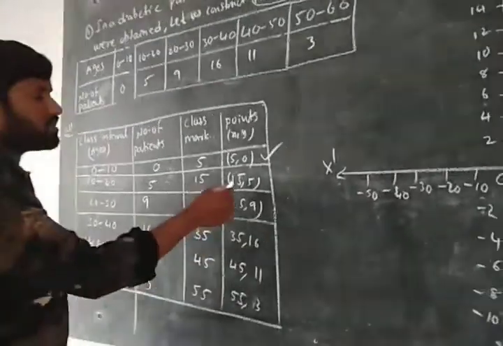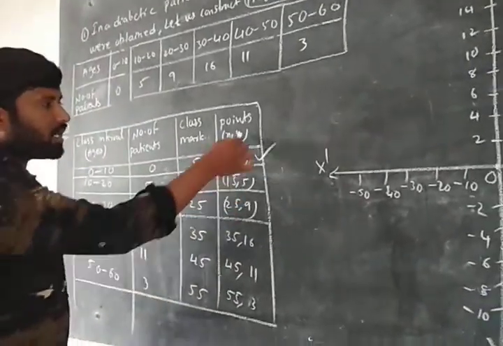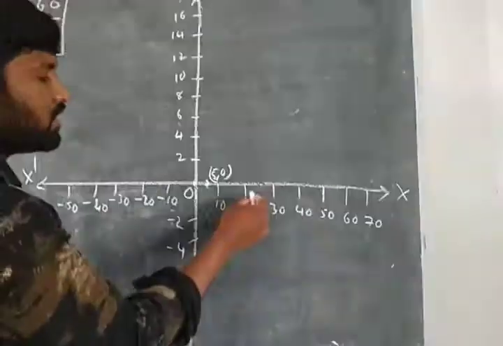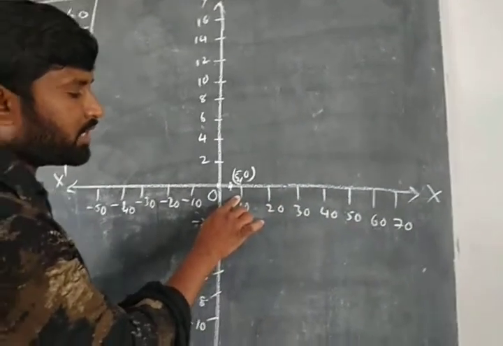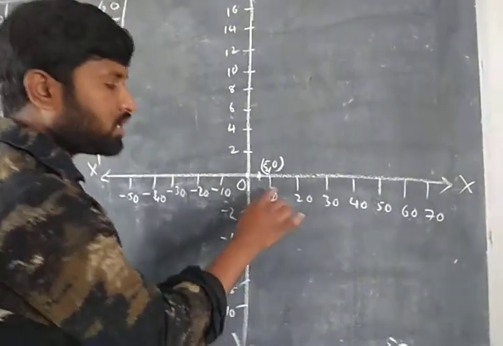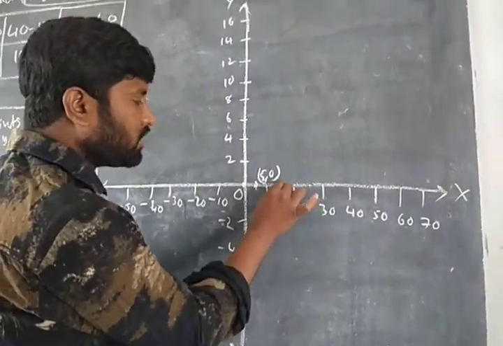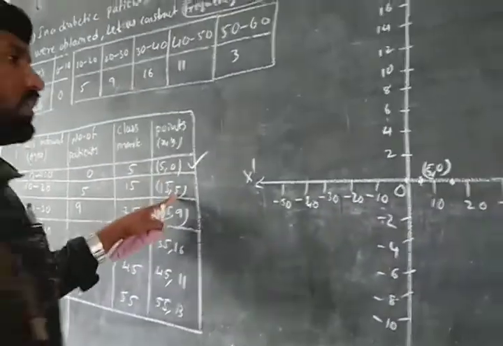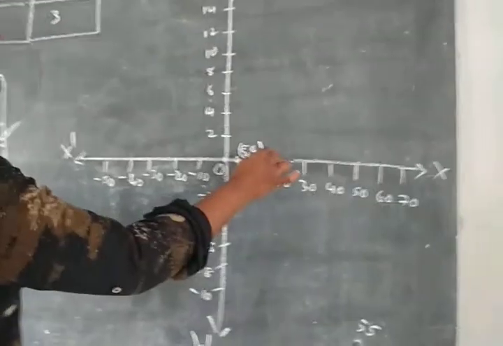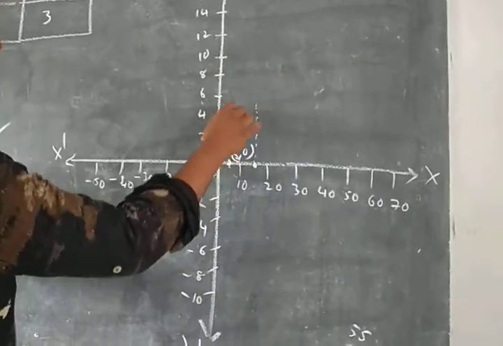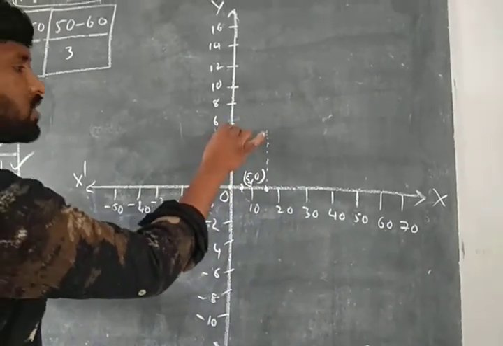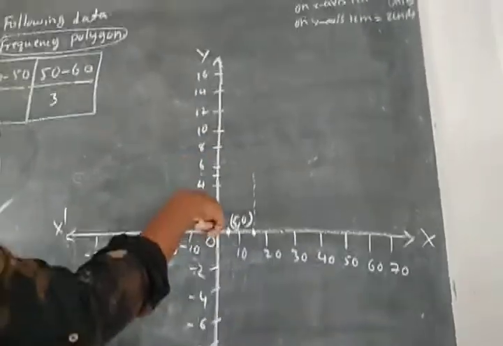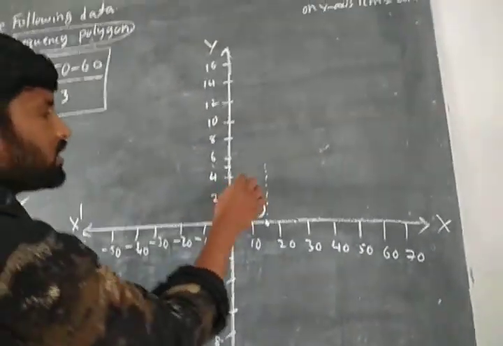Next, the second point: the x value is 15 and the y value is 5. On the x-axis, 15 is in between 10 and 20. And the y-axis value 5 is in between 4 and 6, because we took on the y-axis 1 centimeter equal to 2 units.